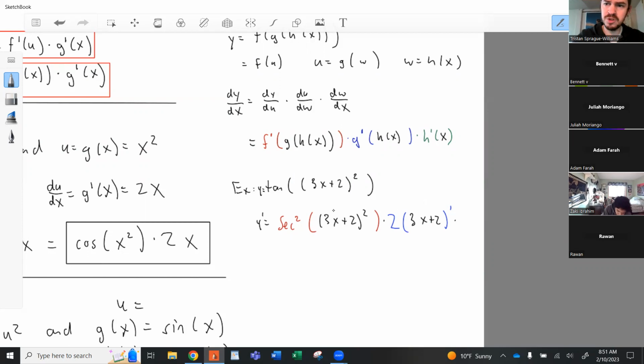And then finally you multiply by the derivative of 3x plus 2, which is just 3. I don't need the power 1. I'm going to get rid of it because it looks like a prime, and it's not meant to be a prime. It's meant to be a 1. Okay, I think that's pretty clear. That's what it looks like when you chain them together.